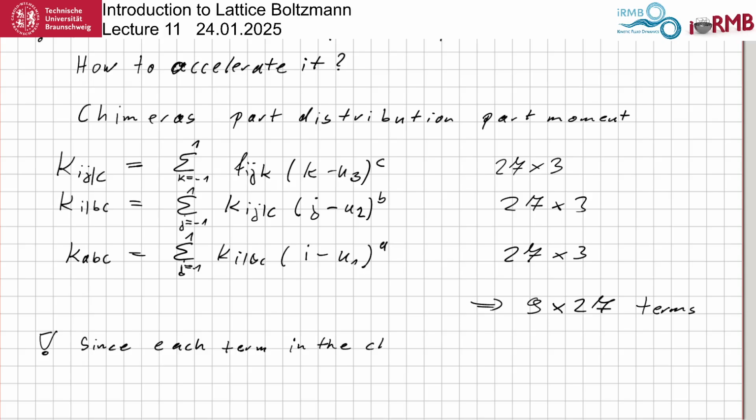So each term in the chimera transform has fewer operations than in the naive one.